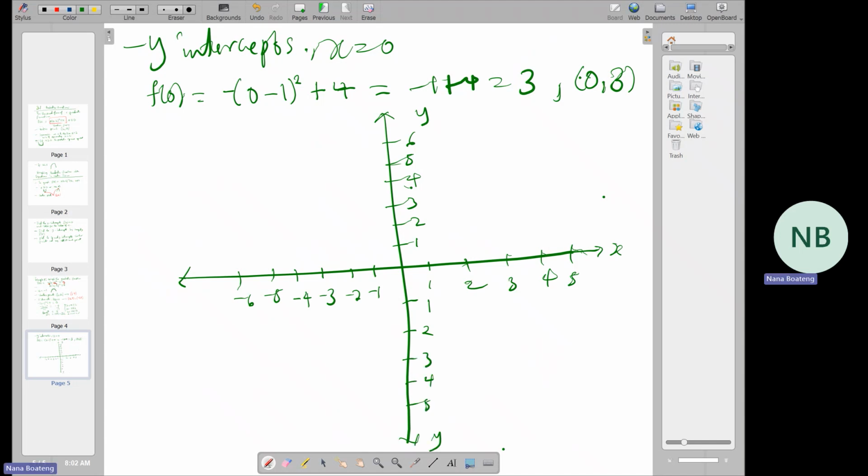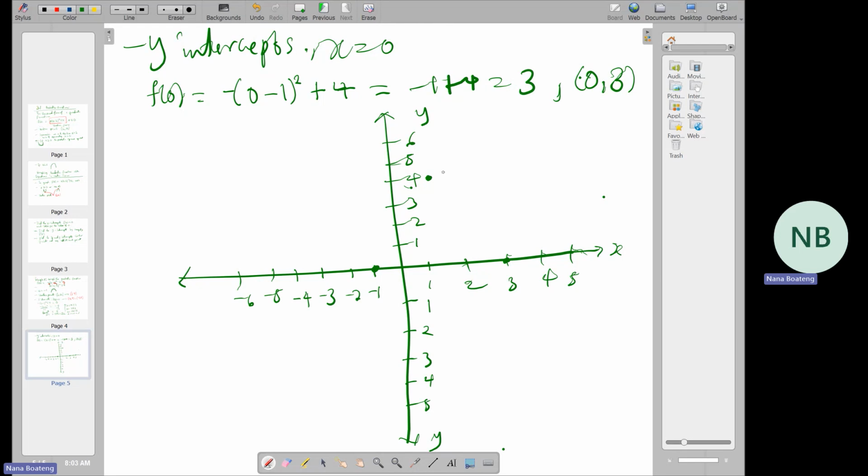The vertex points are 1 and 4, so (1, 4) is around here. These are the vertex points. The intercepts are (3, 0) and the other one is (-1, 0).